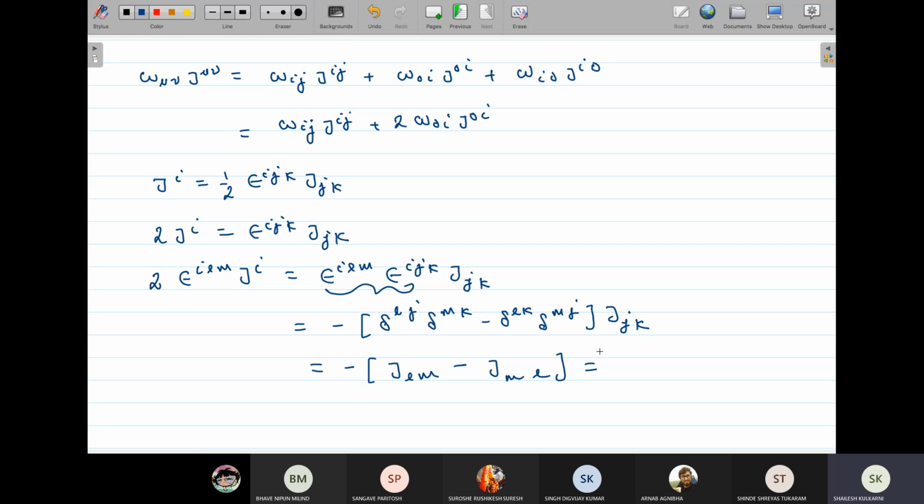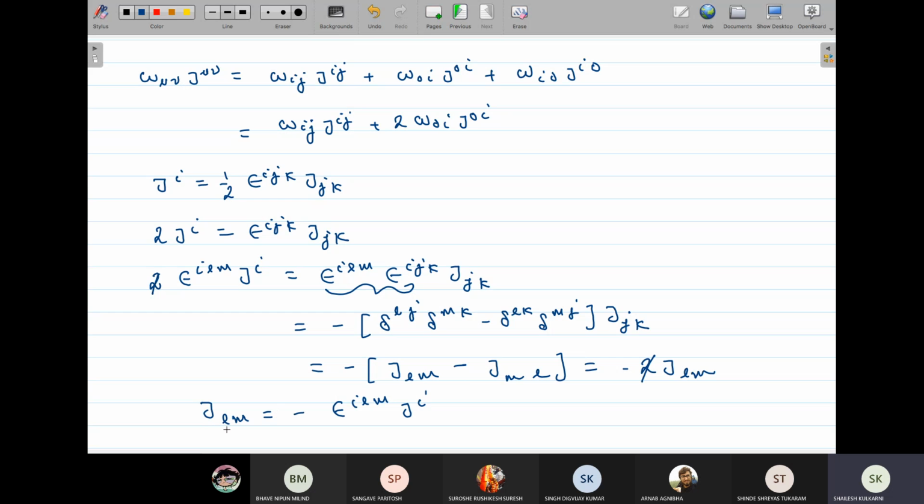So this is antisymmetric, so it will be minus 2 times j lm. The 2 will cancel. So J lm will be equal to minus epsilon ilm Ji. Fine.